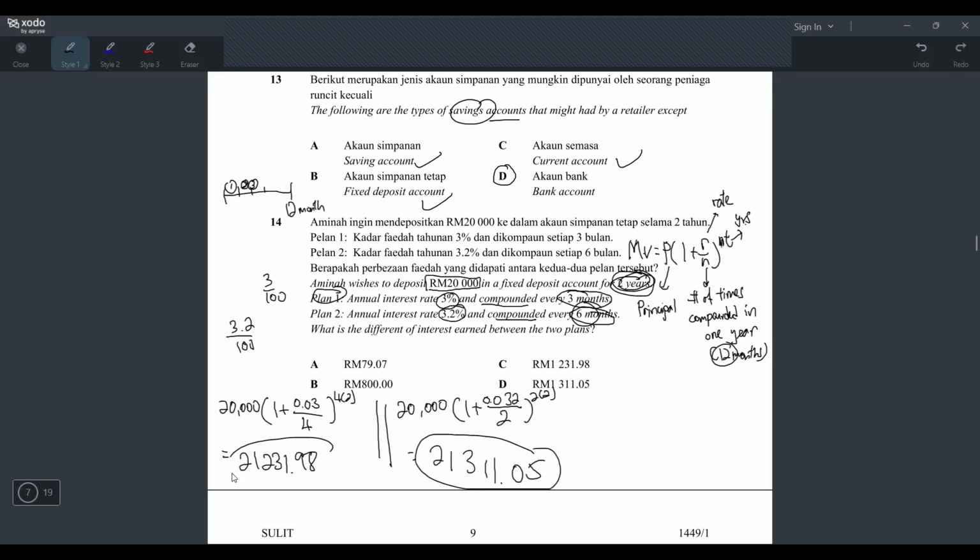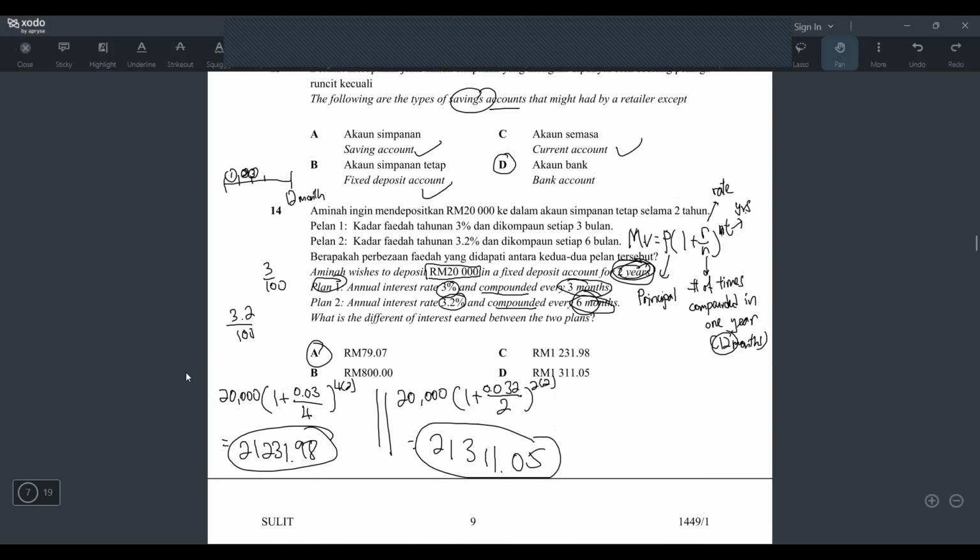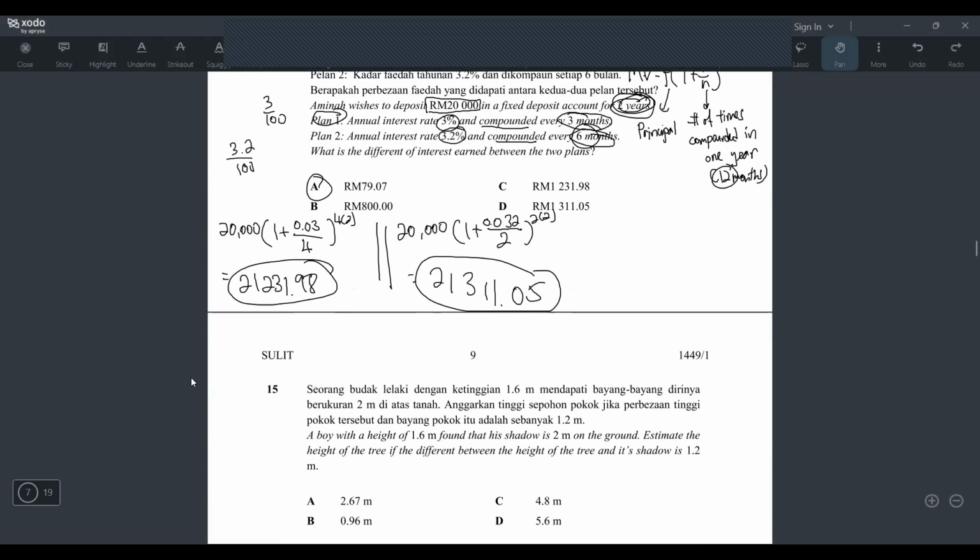Take this one minus 21231.98, and my calculator gives me 79.07. So the answer is A. Actually my calculator gives me 79.06899072, a lot of decimal places, but we write 2 decimal places because this is a price. So when you round off to 2 decimal places, it becomes 79.07.